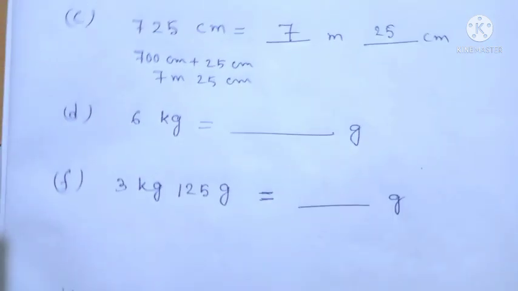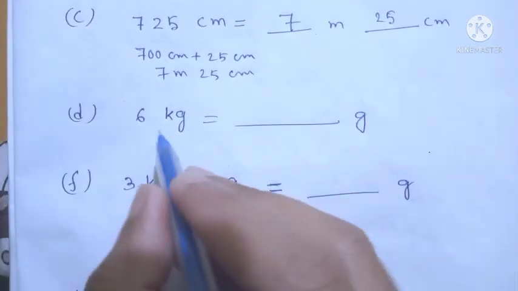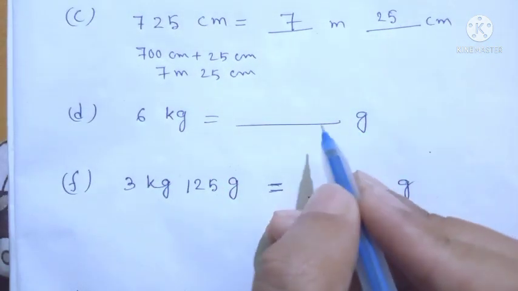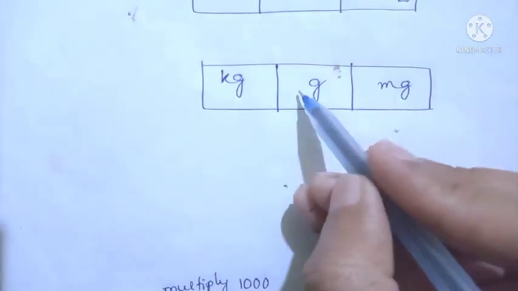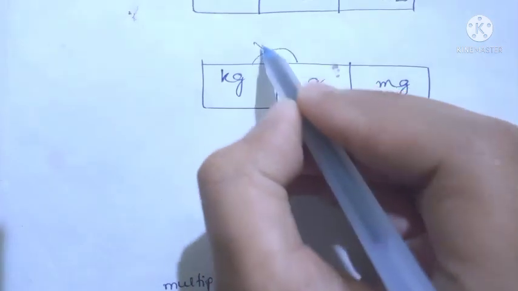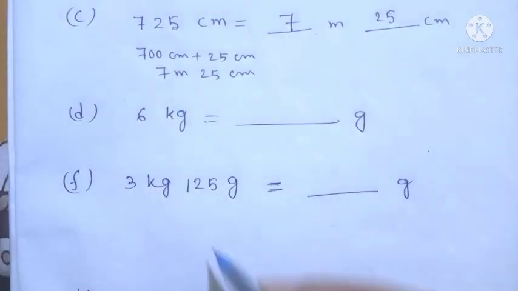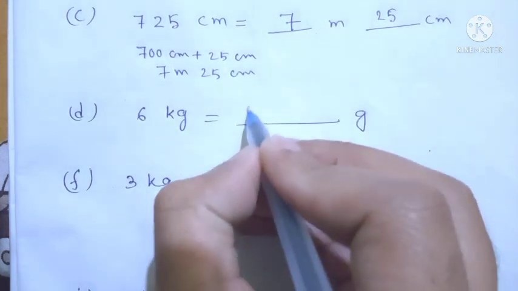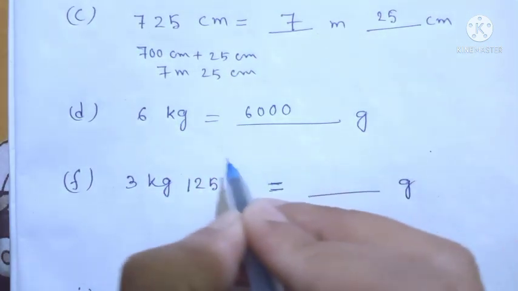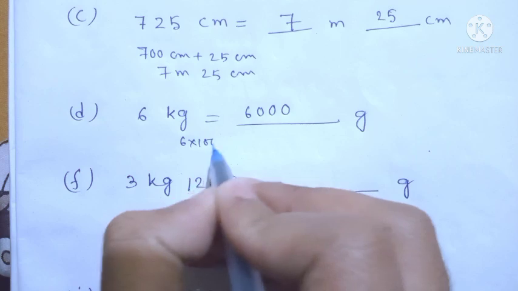Now 6 kg, question number D. Kg to gram, you can see only one step, so we have to multiply 1000 because kg is bigger. So 6000 gram, because 6 into 1000 equal to 6000.